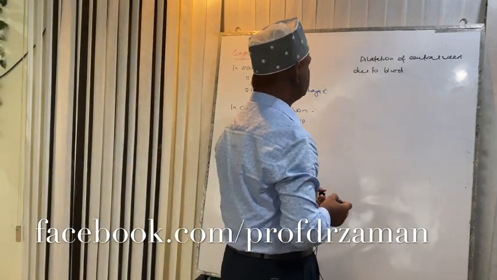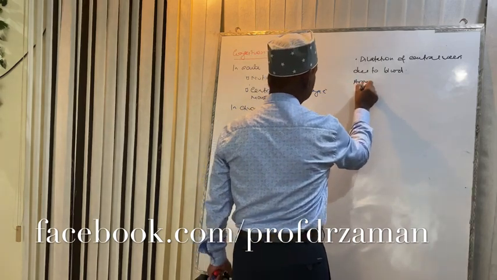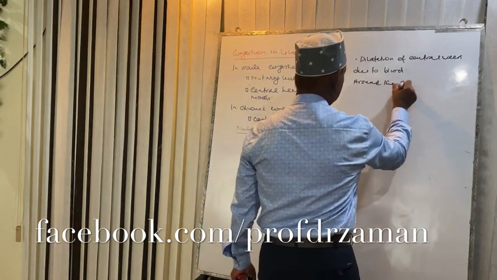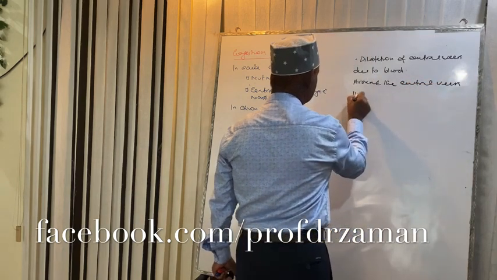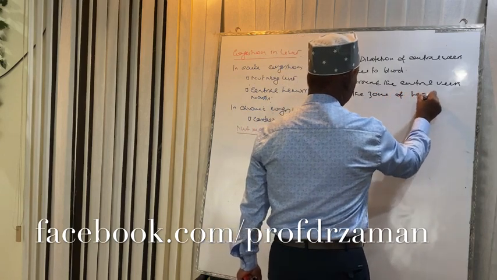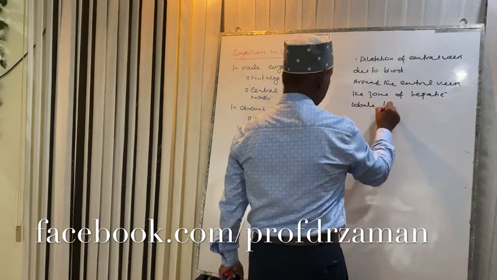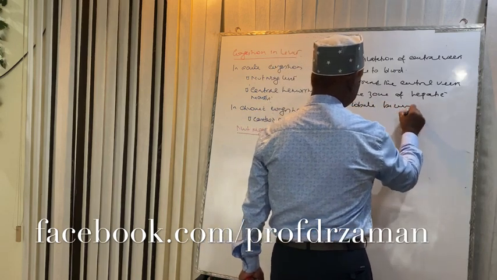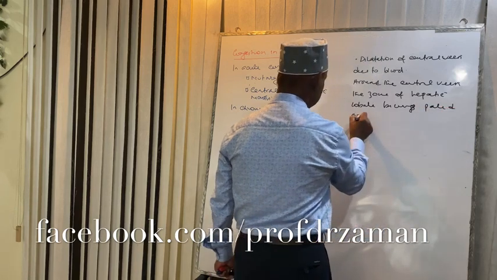So dilatation of central vein due to blood, then around the central vein, the zone of hepatic lobule becomes pale and congested.